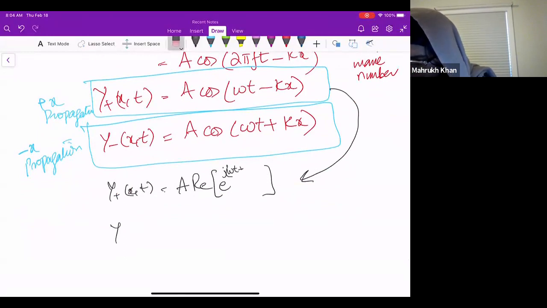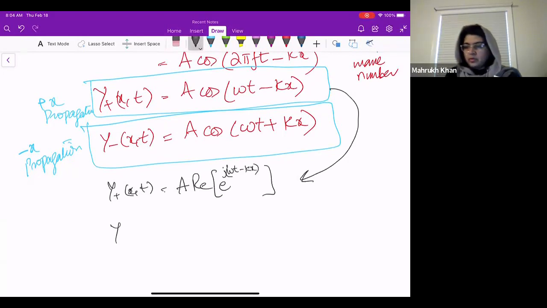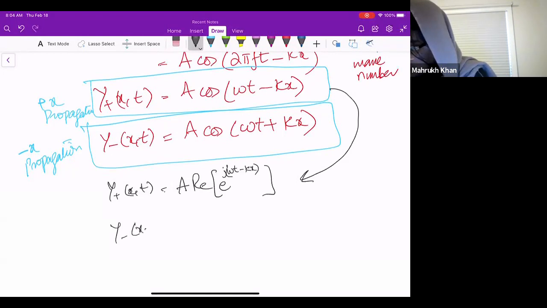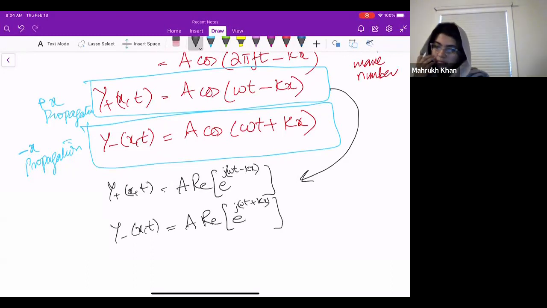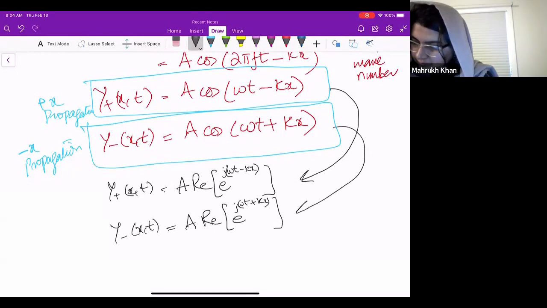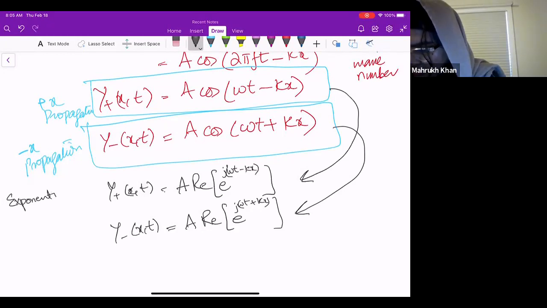Sorry. Real part of e^{j(omega t minus kx)}, and you can also write it as this, which is its exponential or phasor form.